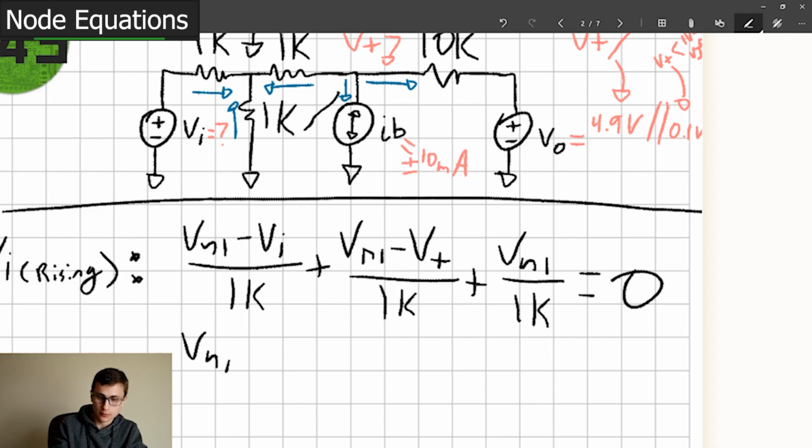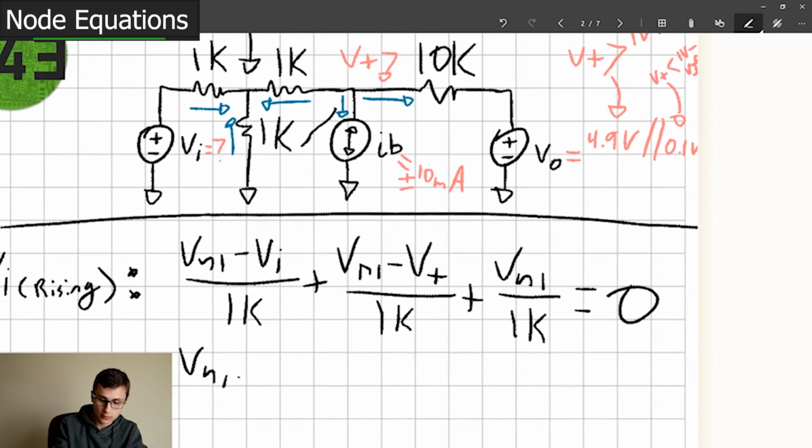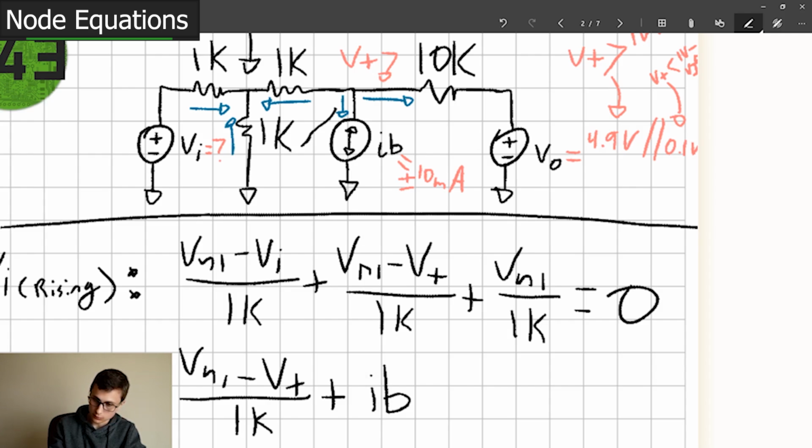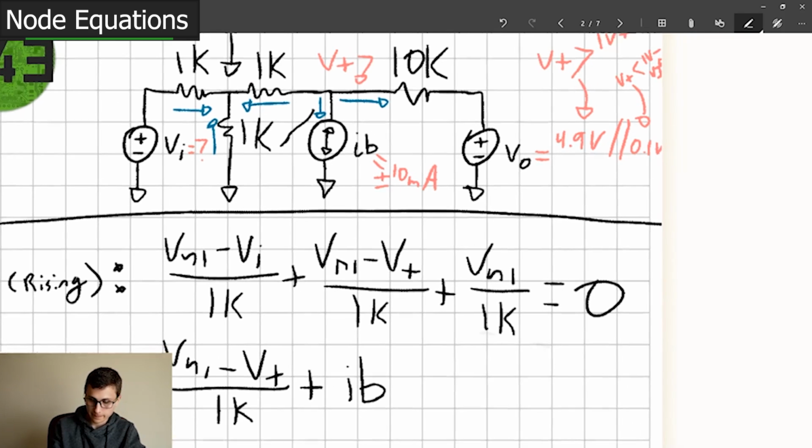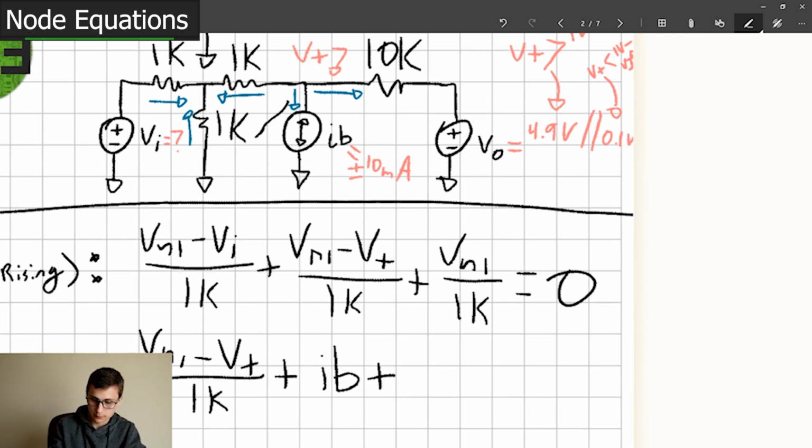So do the voltage at node 1 minus V_plus divided by 1k, plus, so this is going to be IB, since this is a current source, plus.